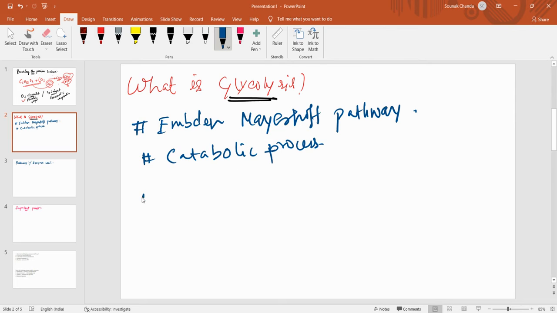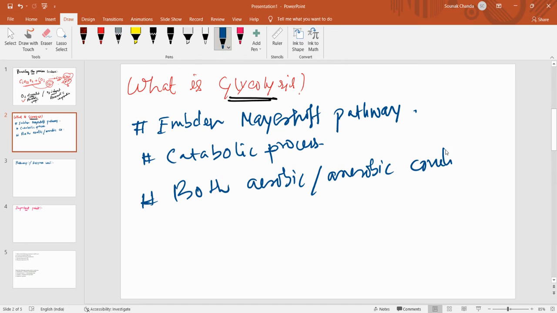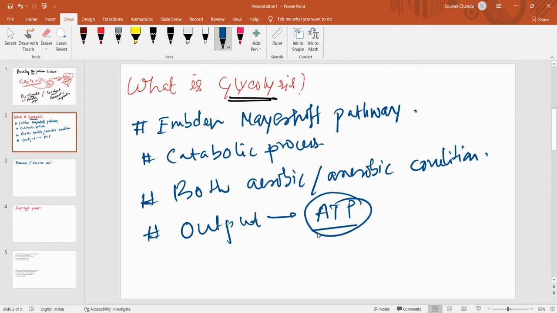It occurs in both aerobic and anaerobic conditions. So what is the output of this glycolysis? That is ATP, two molecules of ATP.